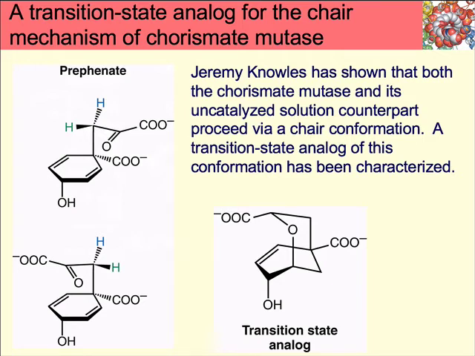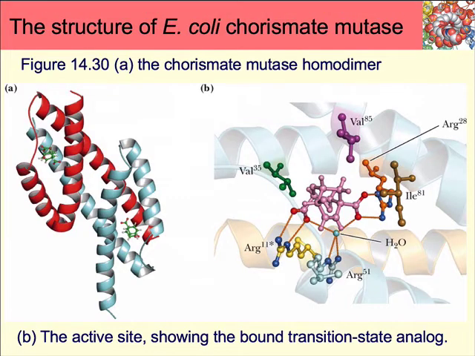Jeremy Knowles at Harvard showed that both the chorismate mutase enzyme reaction and the uncatalyzed solution reaction proceed via a chair conformation, and Knowles synthesized a transition state analog of this structure that's shown here. This shows that same transition state analog in the active site of the enzyme.